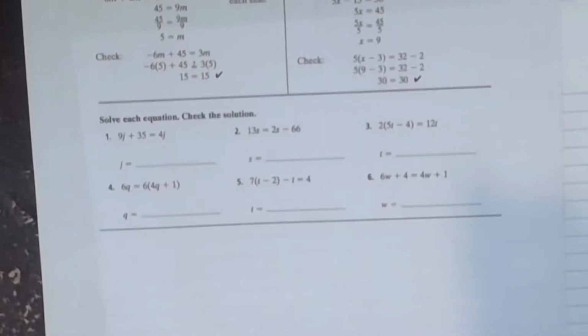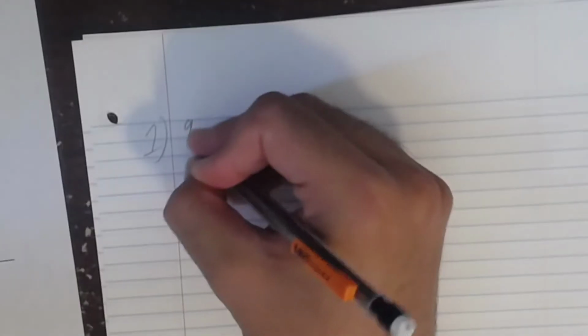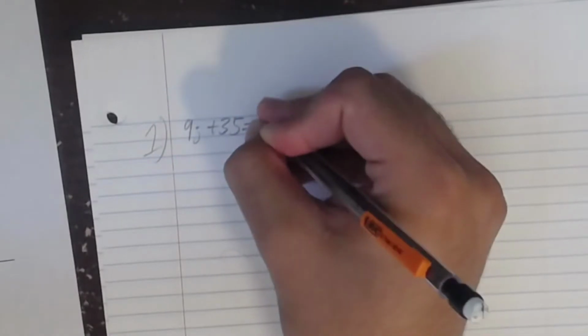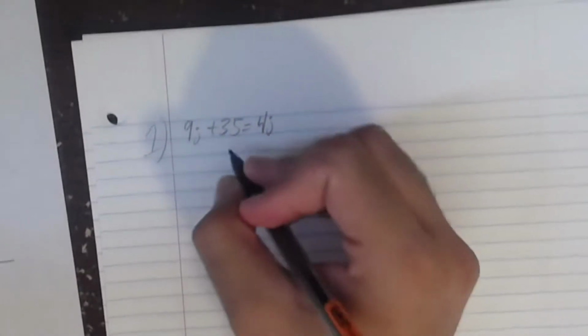We're doing all these problems right here. Let's do number one. We got 9j plus 35 equals 4j.